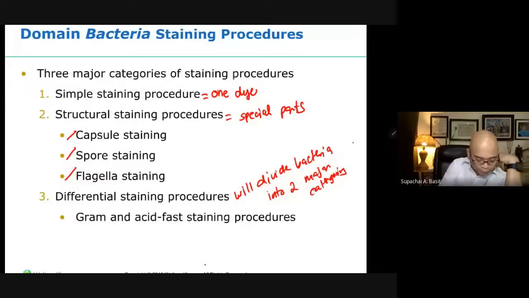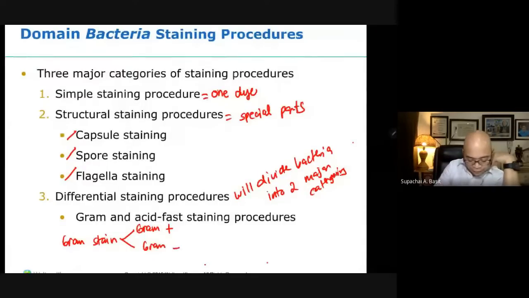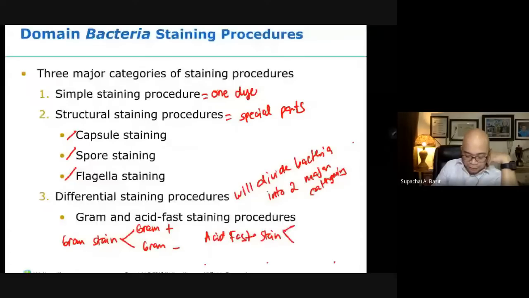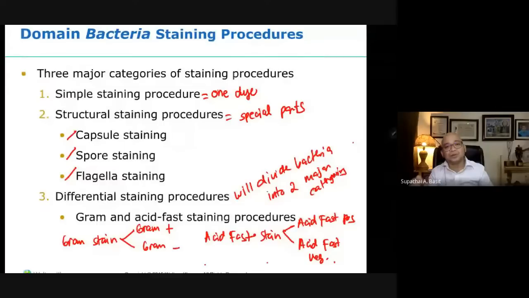For example, if you are using gram stain, the two categories are gram positive and gram negative. If you are using acid fast stain, the two major categories are acid fast positive and acid fast negative.